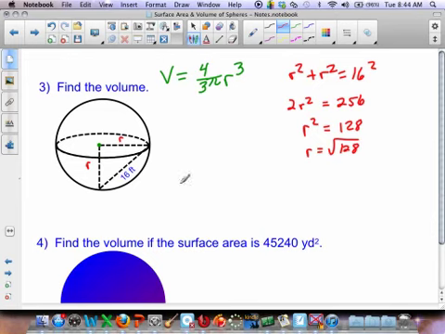Oh, 64. Now, Cheyenne, you said 16, right? And that does go in there, but the largest one that goes in is 64. And 64 times what? That's 2. And therefore, R is 8 radical 2.